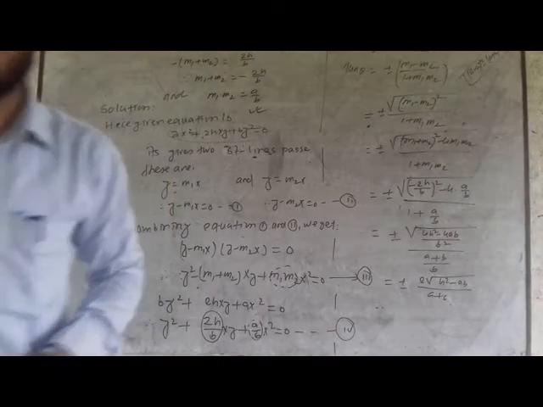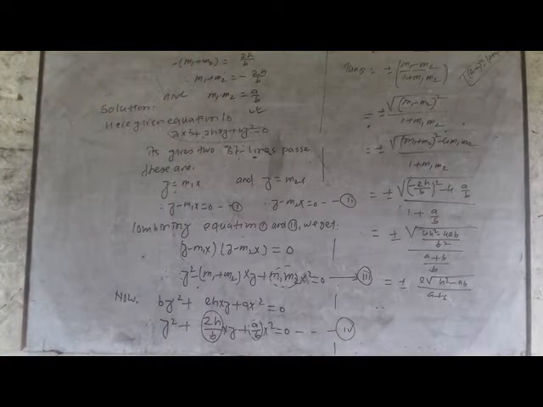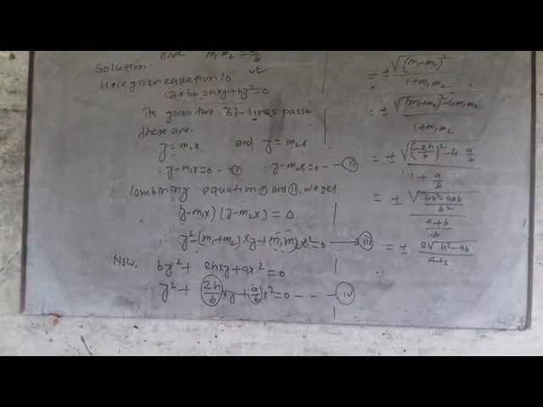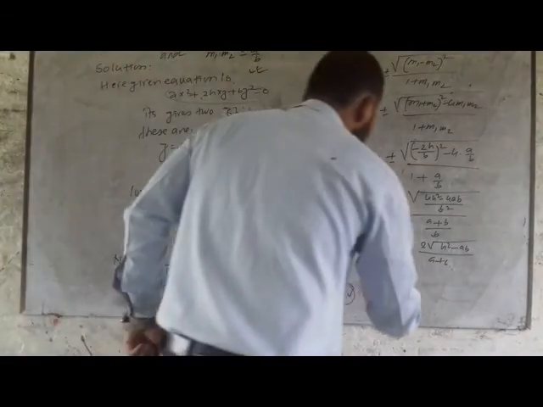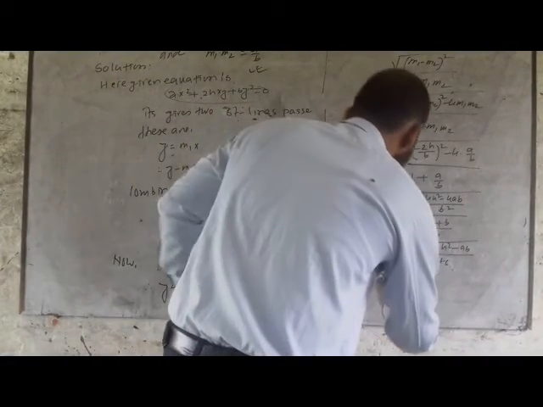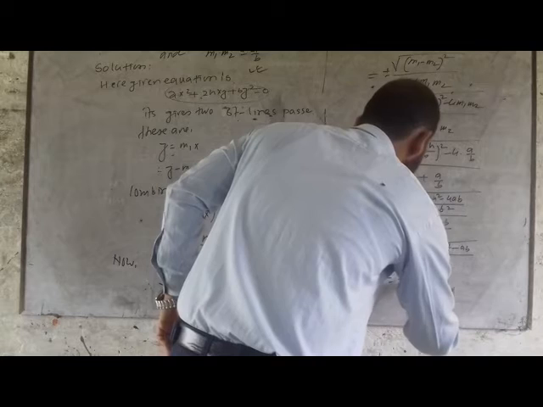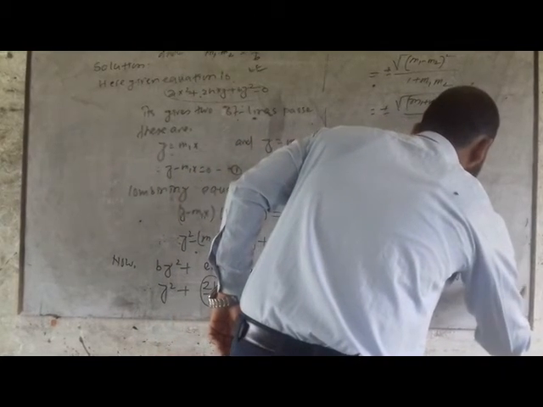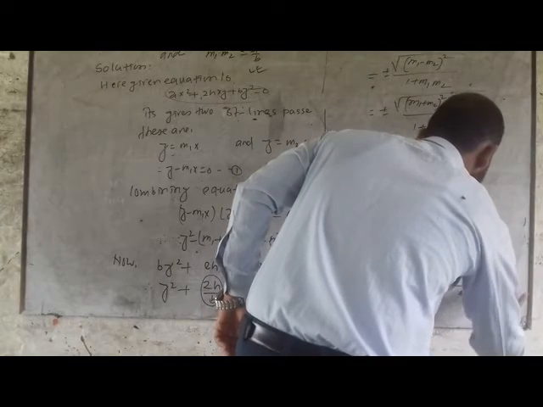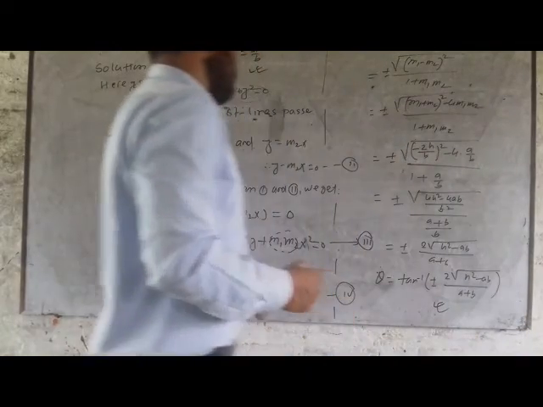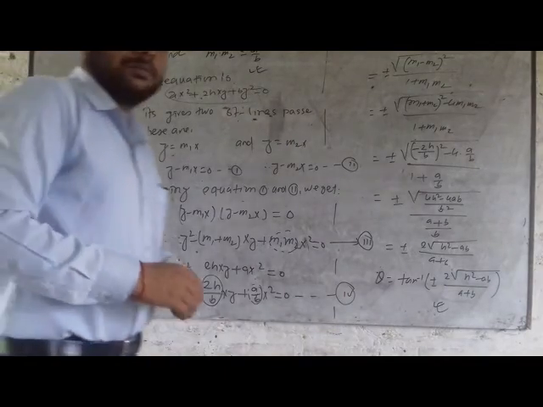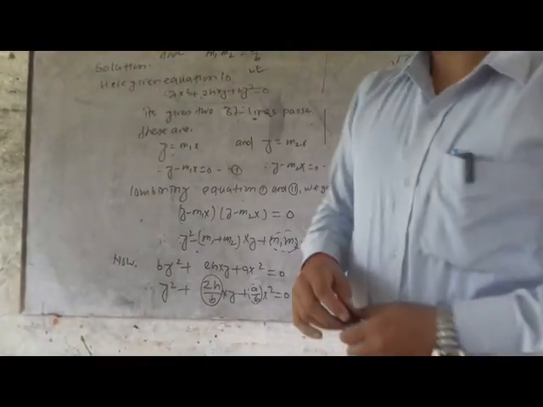Are you seeing or not? From here we have theta is equal to tan inverse plus minus 2 root under h square minus ab by a plus b. Okay, this is the angle between a pair of straight lines represented by the homogeneous equation of second degree.